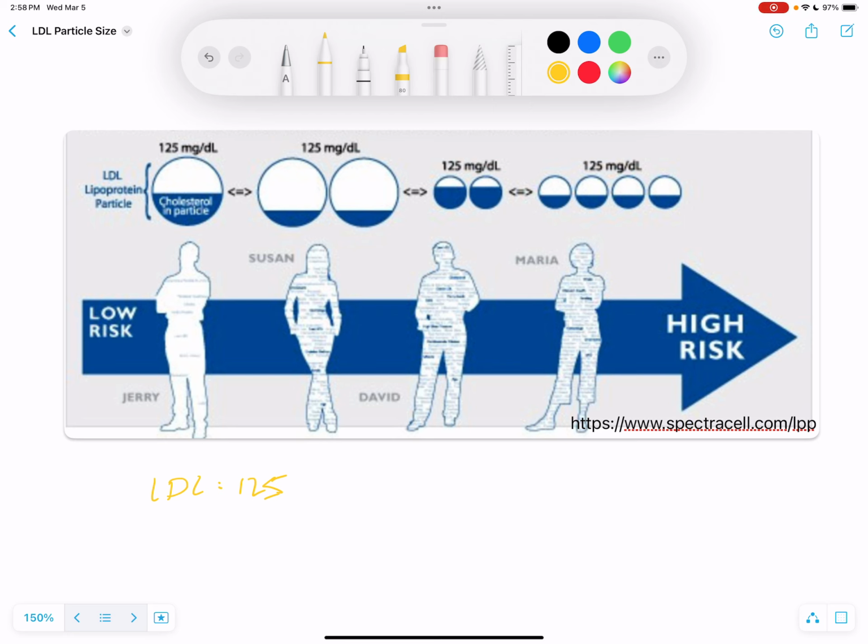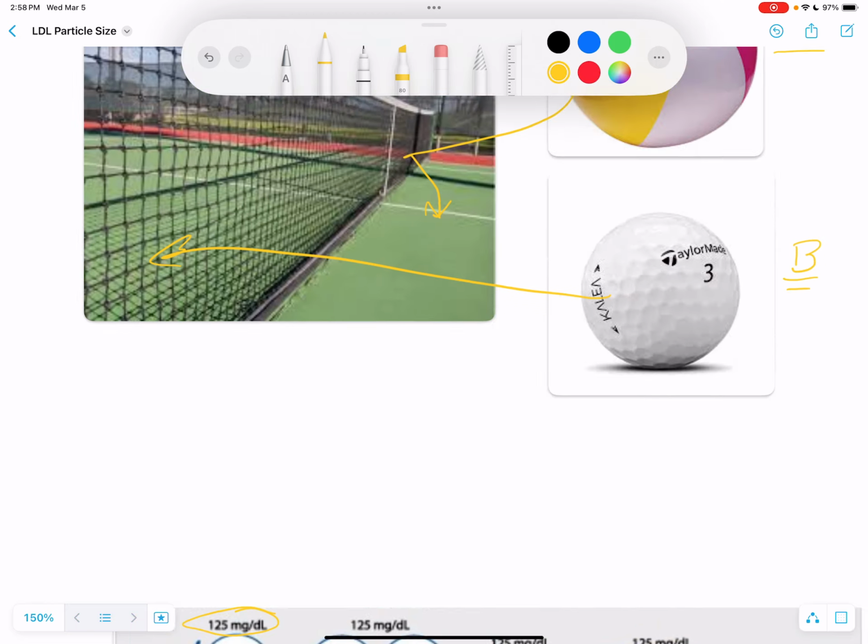In this diagram, all four of these individuals, Jerry, Susan, David, and Maria, have an LDL of 125. But what we don't know on a standard lipid panel is the particle size. We have the lowest risk individual, Jerry. His LDL is 125, but the majority of his LDL particles are the large, buoyant type A. They're the beach balls.